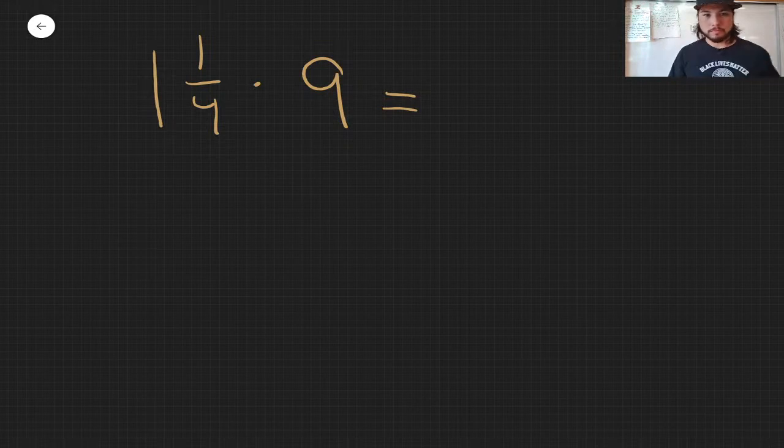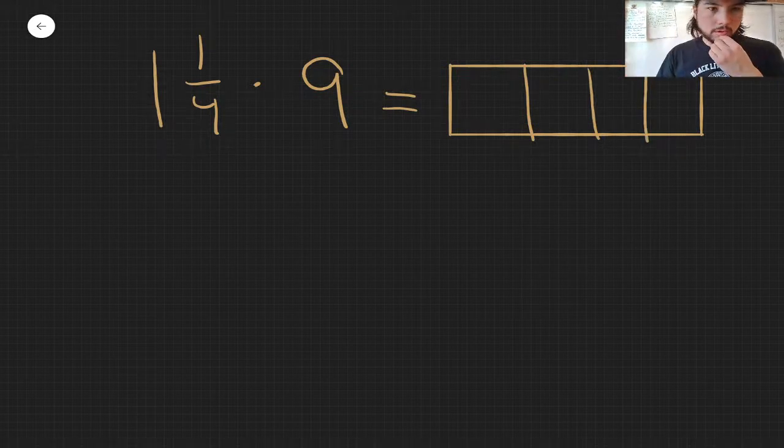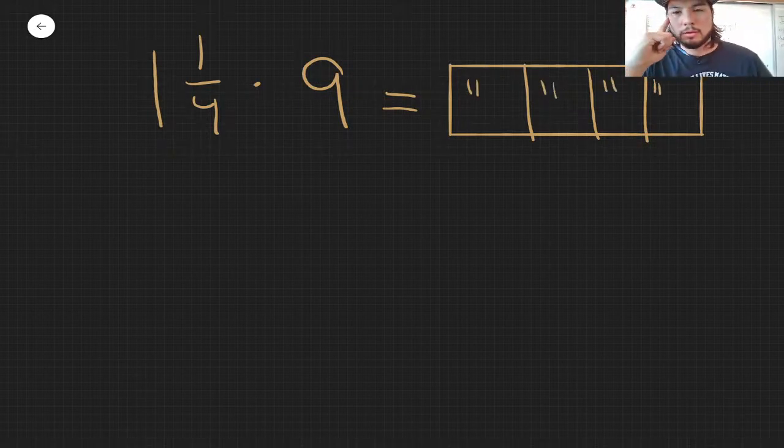Okay? So, what we could do here, could we deal the cards out? Sure we can. Let's put it into fourths. Okay. 1, 2, 3, 4, 5, 6, 7, 8. Oh, wait a minute.